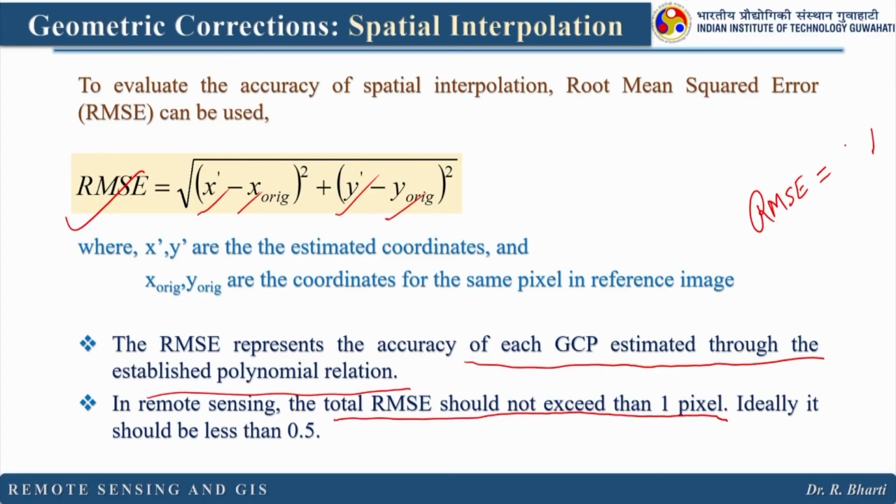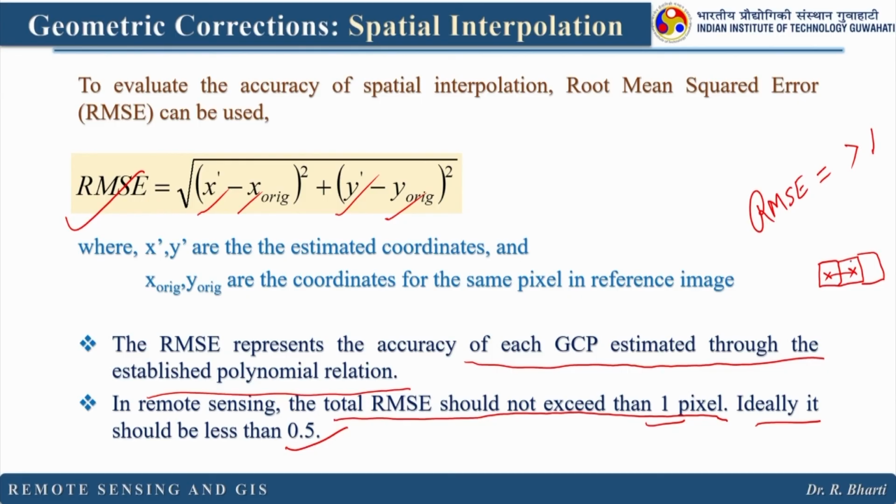right. And why so? Because 1 means here we consider these pixels. If RMSE is more than 1, that means this object which was supposed to be here, it will get shifted to another pixel, right. So, it is a thumb rule that it should be less than 1 and ideally it should be less than 0.5.